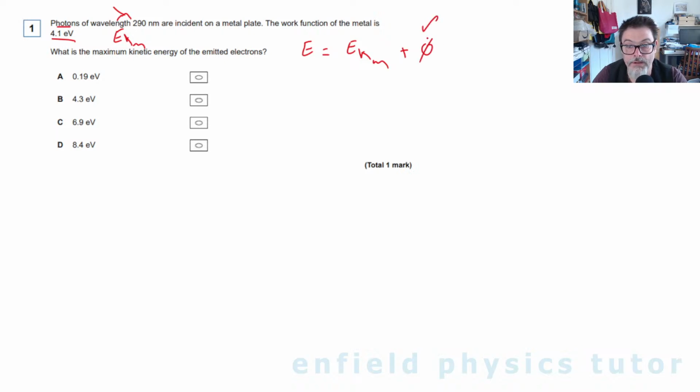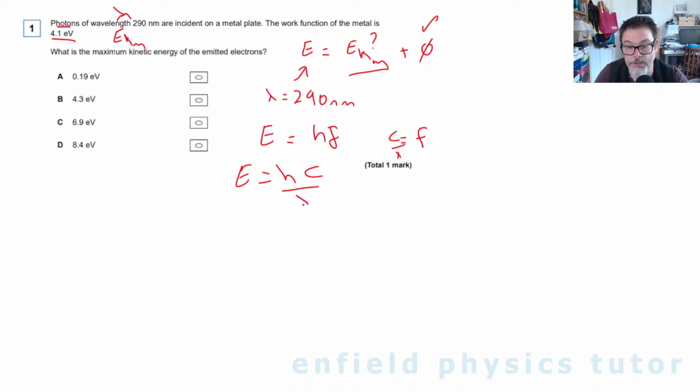Well, we know phi. We know EK, actually we want to find this, and we can get E because we've been given lambda is 290 nanometers. So we could just use the formula that we looked at right back at the start of the session, when we said that the energy was in fact equal to hf, and c over lambda equals f, so the energy is going to be hc over lambda.